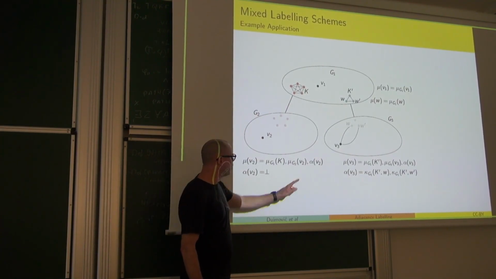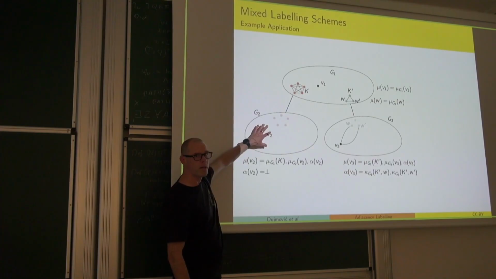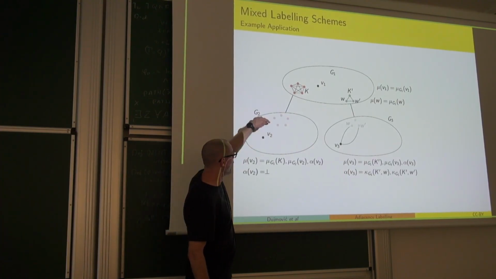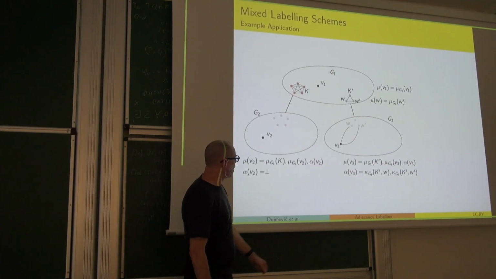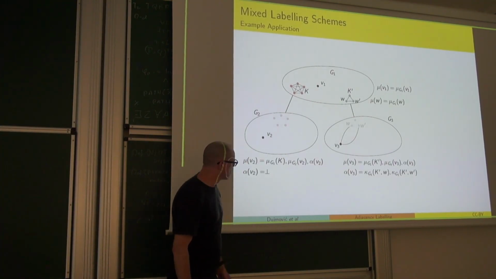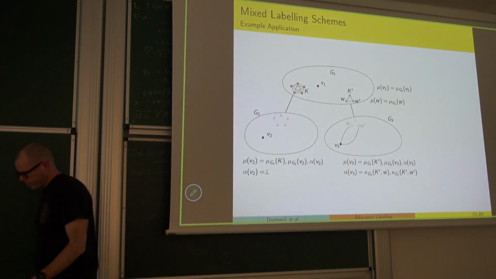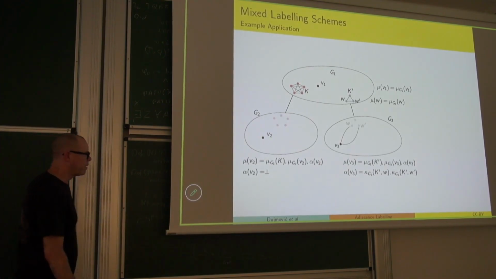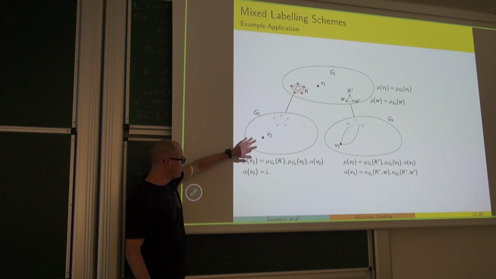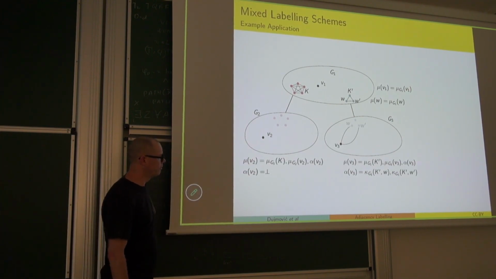Then you get the label of this vertex inside this lower graph, which does not include these shared vertices. And then you get something that I'll call alpha, which stands for adjacency list. I'll get to that in a second. For this V2, it's actually an empty list.